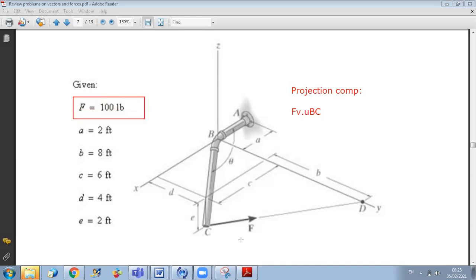I have the 2 points. The force F is passing by 2 points C and D. So all I have to do is to find coordinates of C, coordinates of D, and find the unit vector. And for BC also, I determine coordinates of point C, I get vector BC, and I divide by magnitude of BC to get the unit vector of BC.